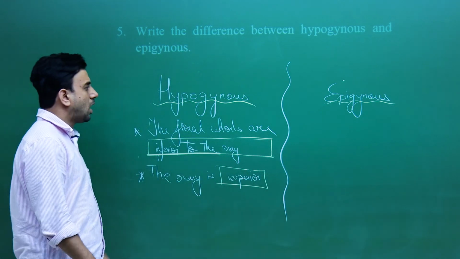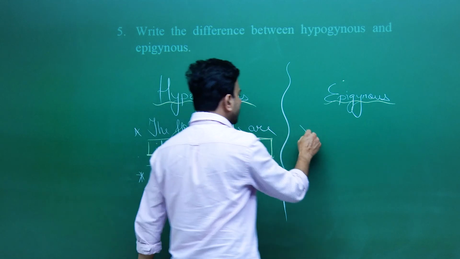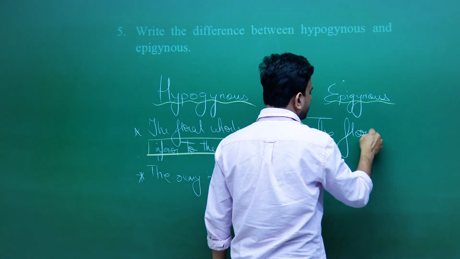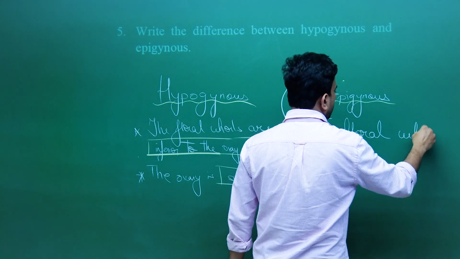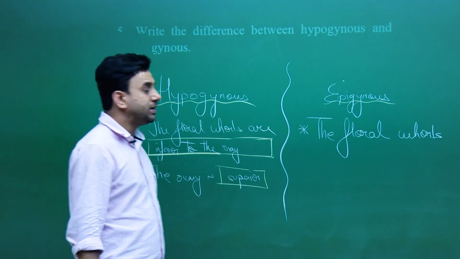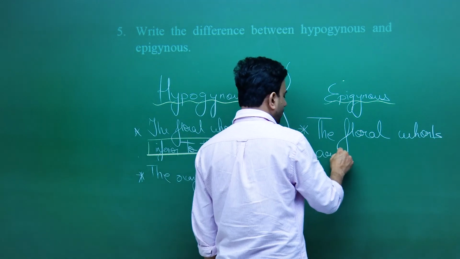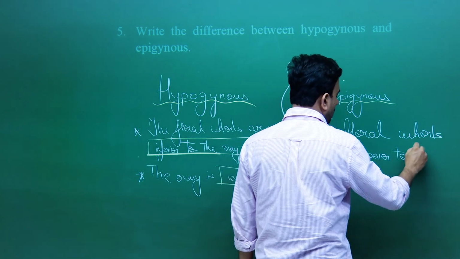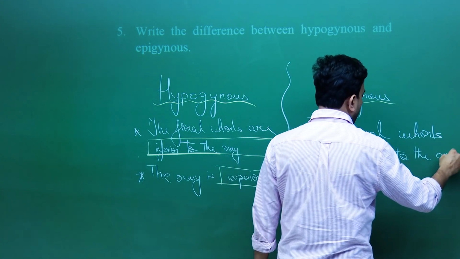However, in the epigynous condition, the floral whorls are superior to the ovary. So, what does it mean?